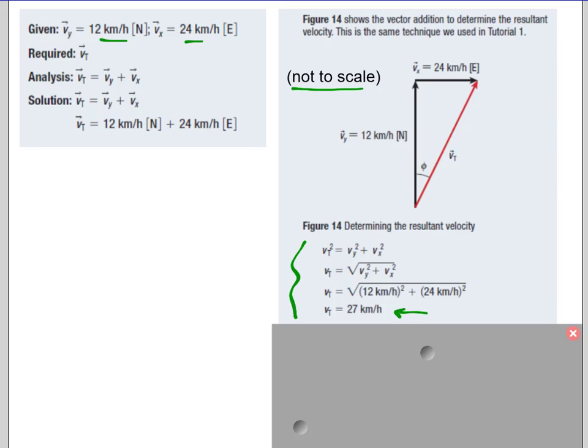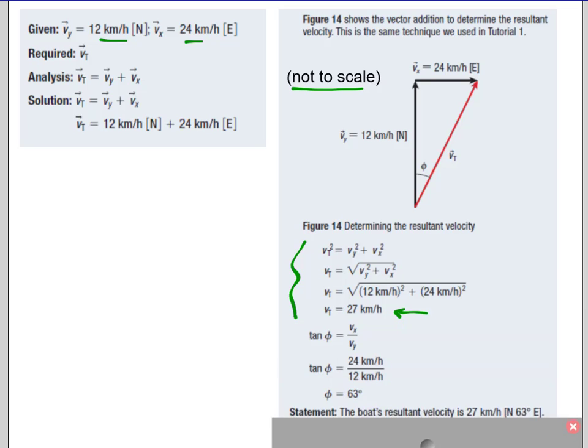So we are traveling faster than just the motorboat by itself could normally travel. We can get the direction, again, just as we've done with our displacements. We take the 24 and the 12, we put that into tan, and we can get the direction that the boat is going to travel.